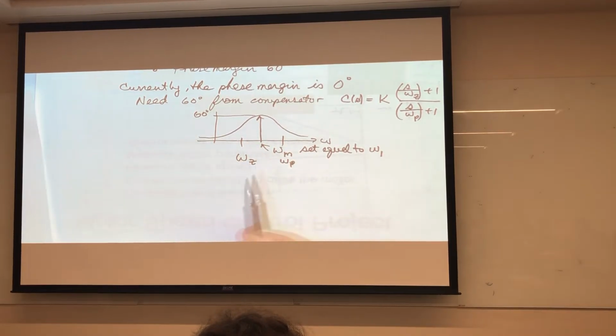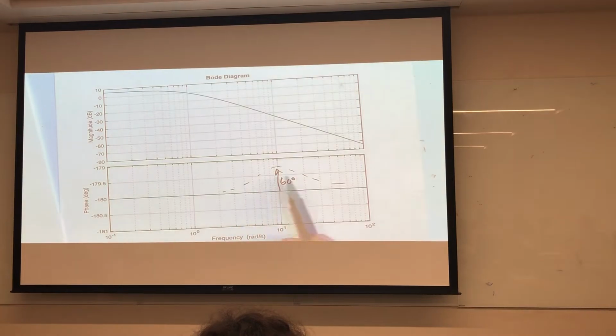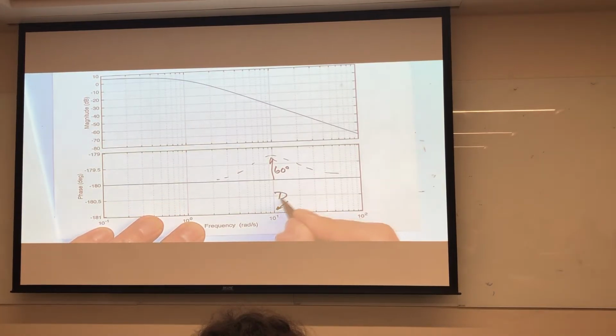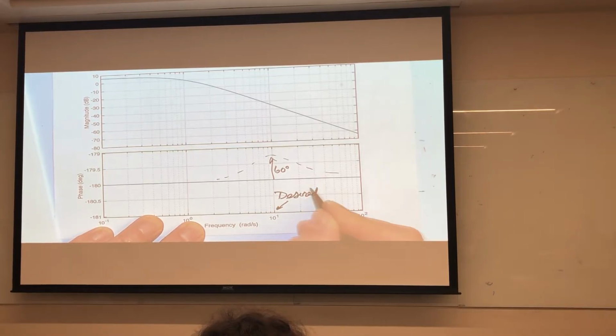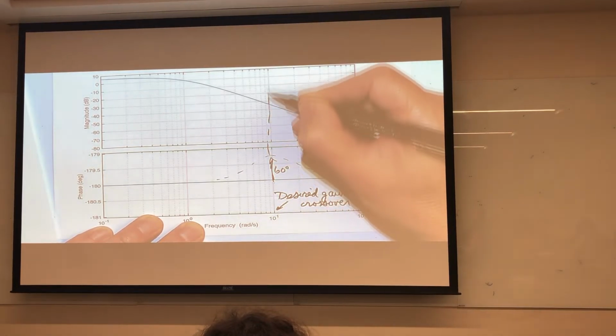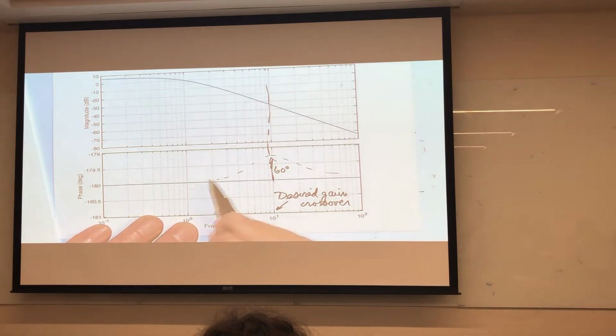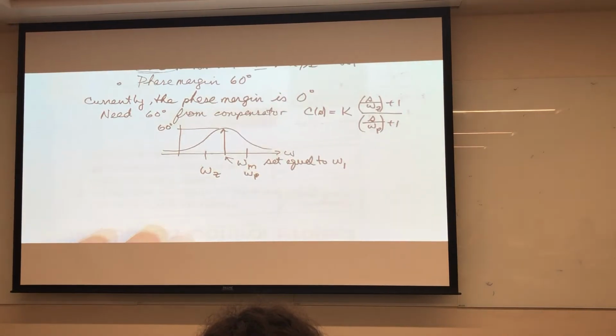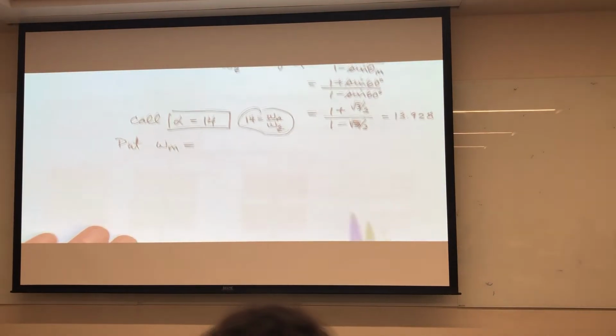I'm going to add a bunch of phase lead right here at the desired gain crossover. So I'm basically working on this line right there. I want to put this maximum phase right here. This maximum phase needs to be set equal to omega 1. So basically, I want to put omega m there.